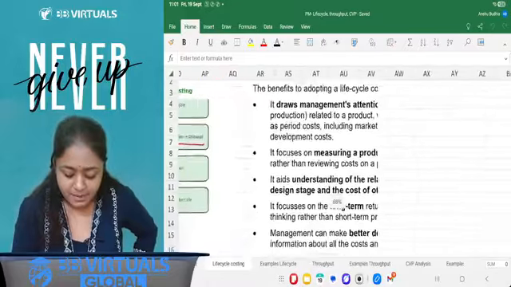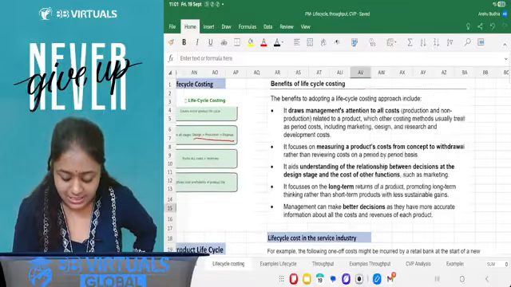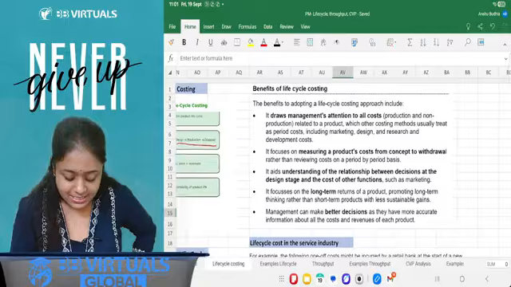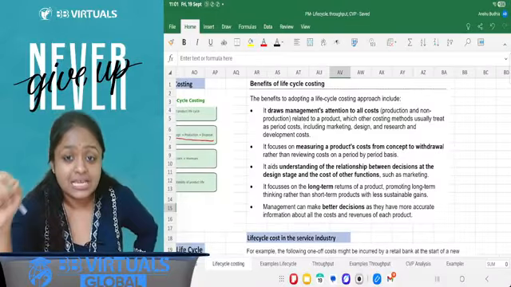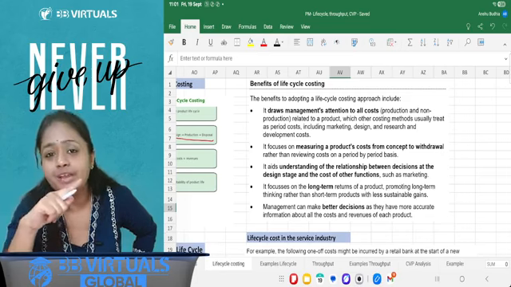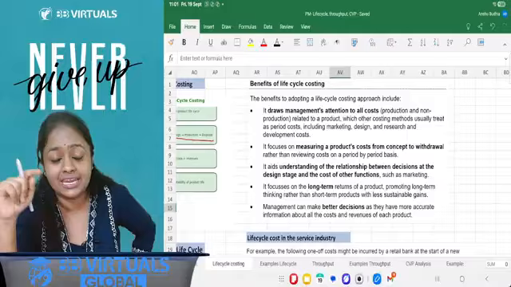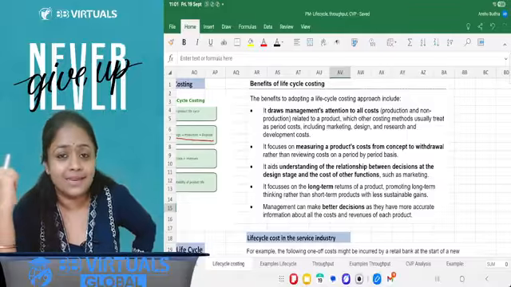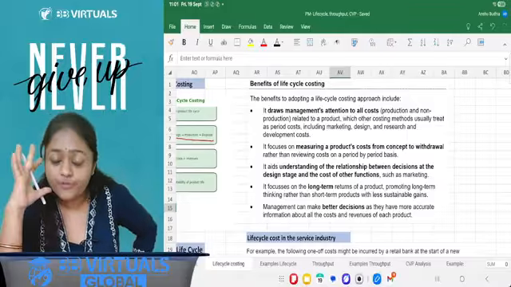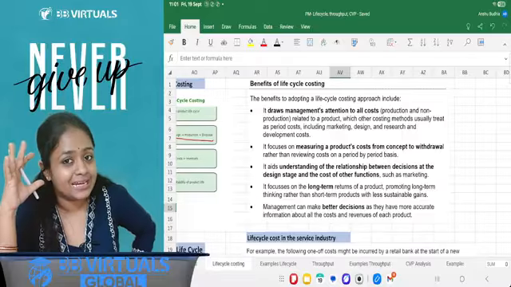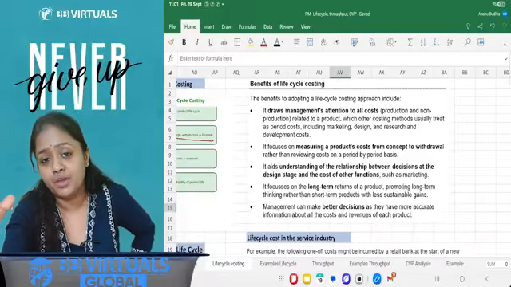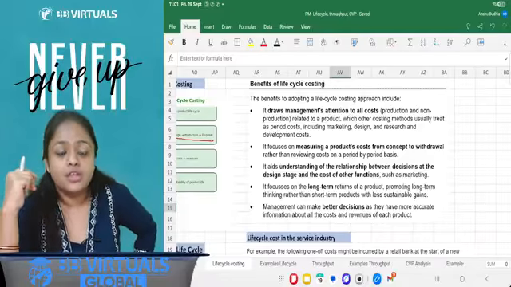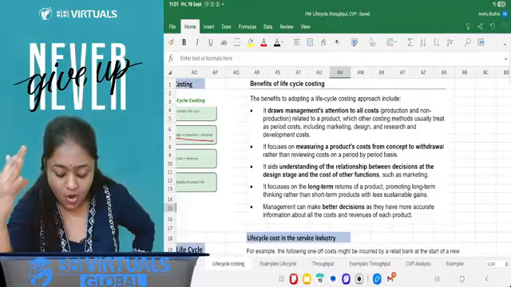The major benefit of life cycle costing is that it draws management's attention to all costs, some costs which are ignored in traditional costing like designing and planning, the decommissioning and all. From the expenses point of view, they are even looked upon by the management. That means they will look into ways to control and optimize that cost also.